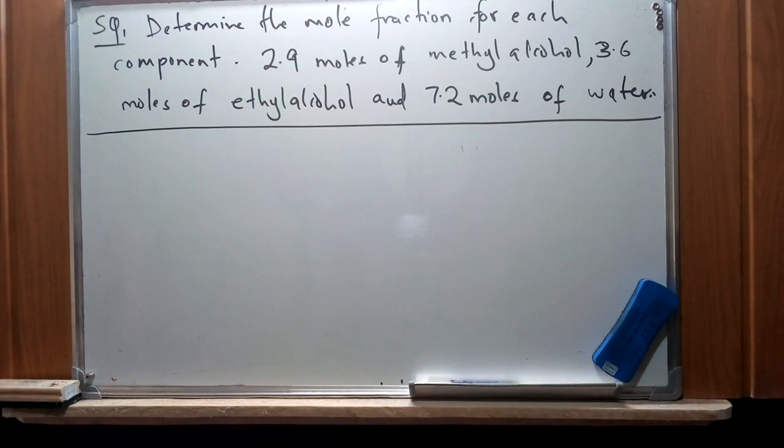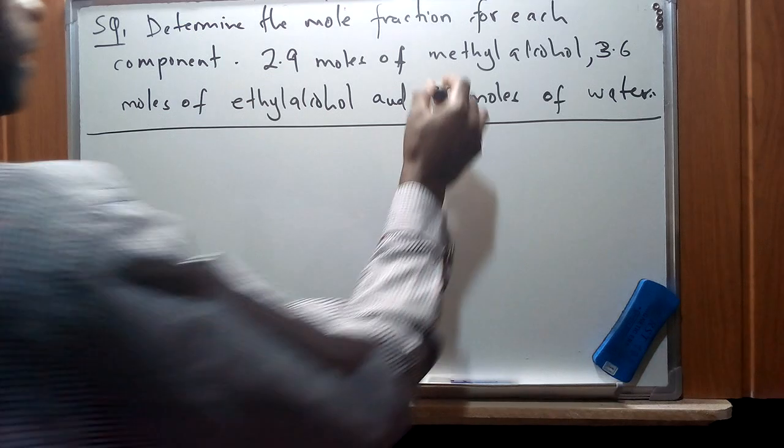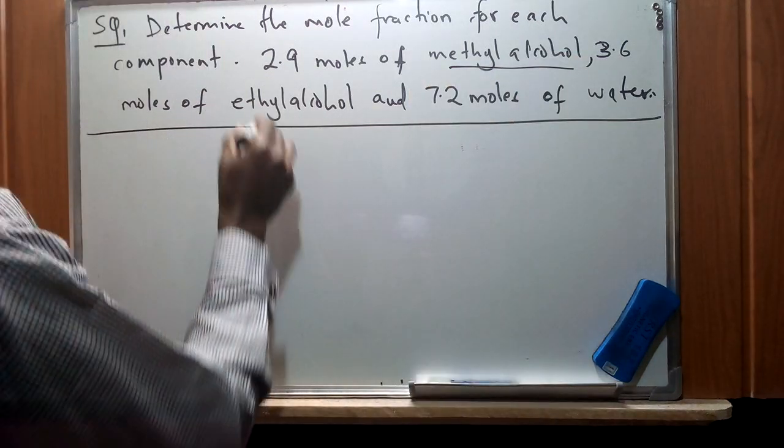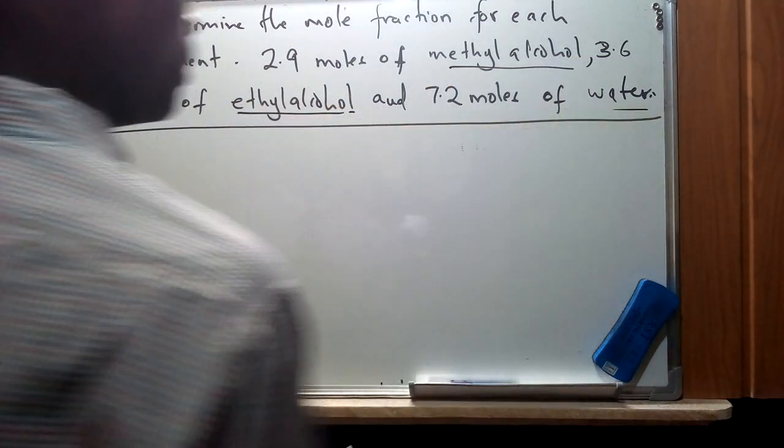For this case, we are given this question whereby we are supposed to determine the mole fraction of each of the components of a mixture that is made up of methyl alcohol, ethyl alcohol, and water. So in this case, we are going to apply the general formula that I've already written on the board to find the mole fraction for each of the components: methyl alcohol, ethyl alcohol, and water.